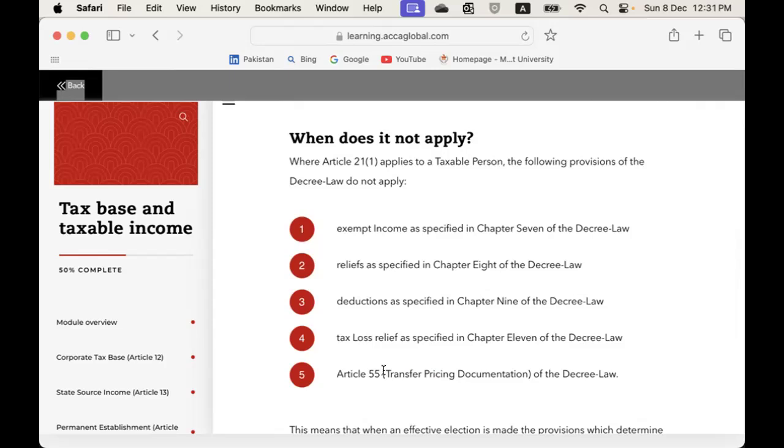One of those conditions was transfer pricing documentation and compliance with arm's length transactions. Other conditions were they should have economic substance, and they should be earning qualifying income. They should not opt for the normal tax regime. You remember that? Article 18, guys, come on.